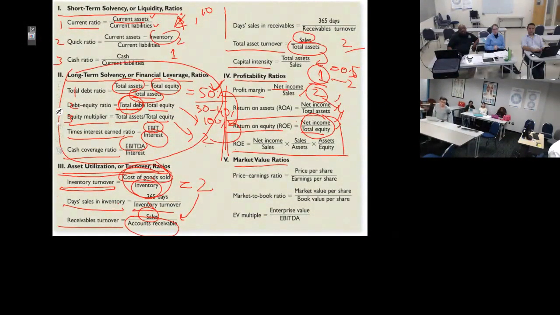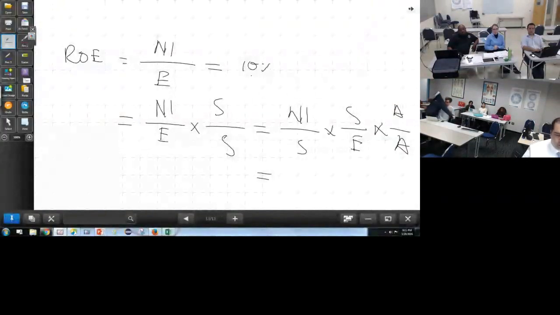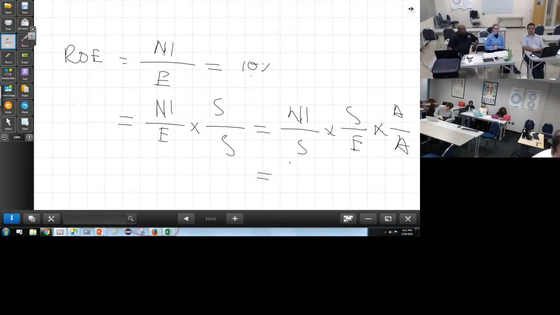So we can rearrange this. Net income divided by sales, this ratio is what we call the net profit margin, right?